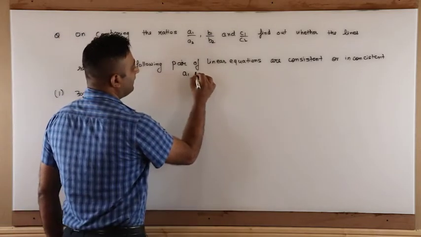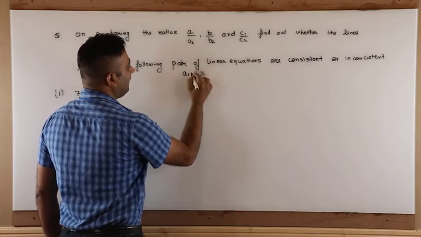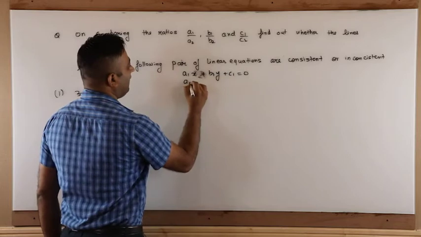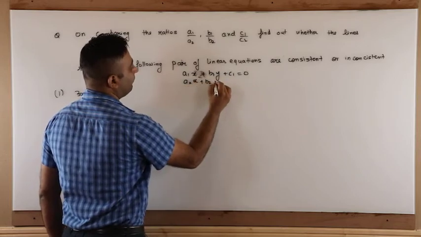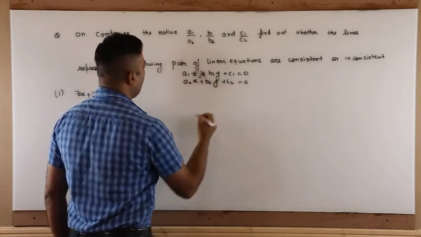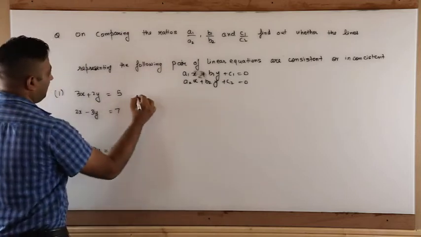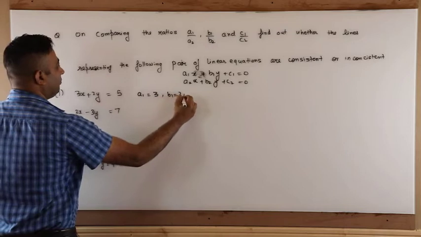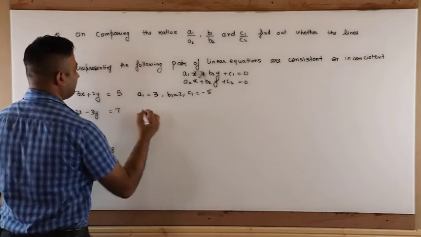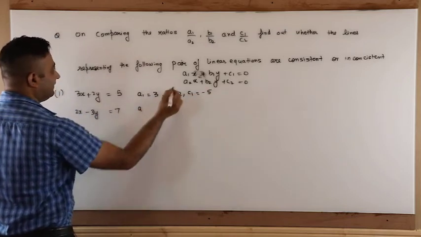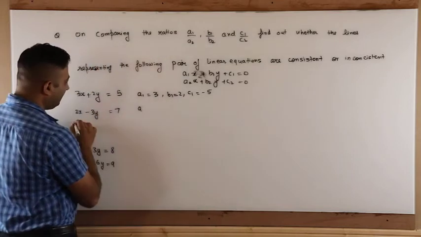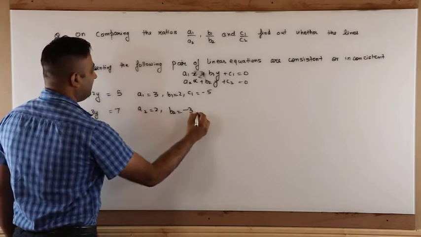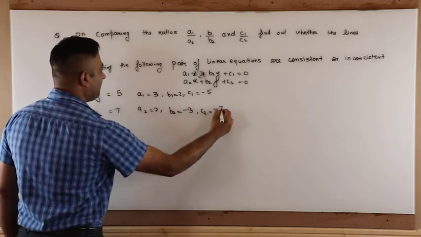When we compare the pairs with A1x plus B1y plus C1 equal to 0 and A2x plus B2y plus C2 equal to 0, we get that A1 is equal to 3, B1 is equal to 2 and C1 is equal to -5. And when we compare with the second linear equation, A2 is equal to 2, B2 equal to -3 and C2 equal to -7.